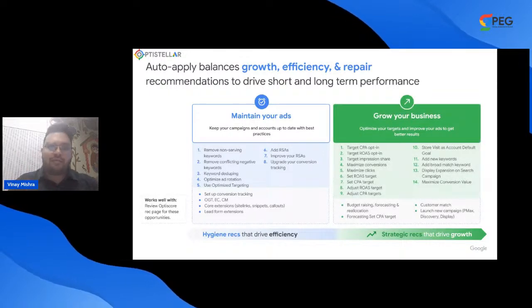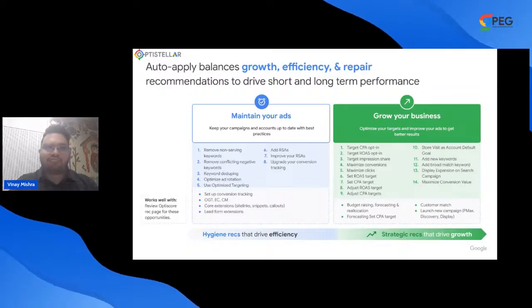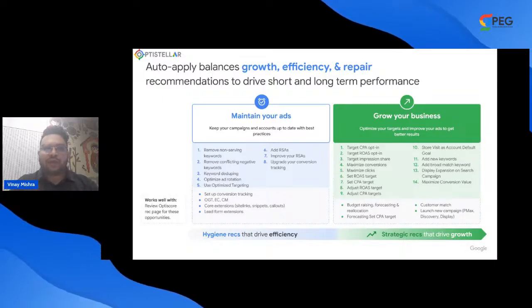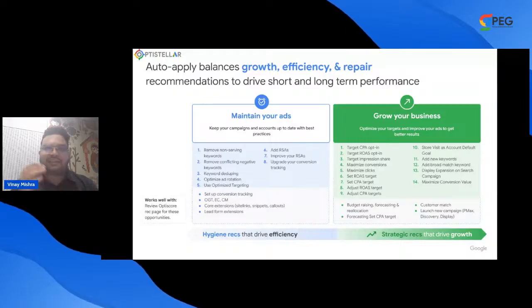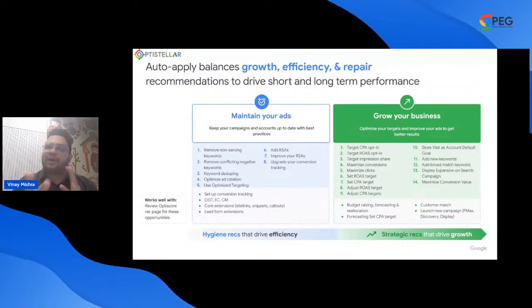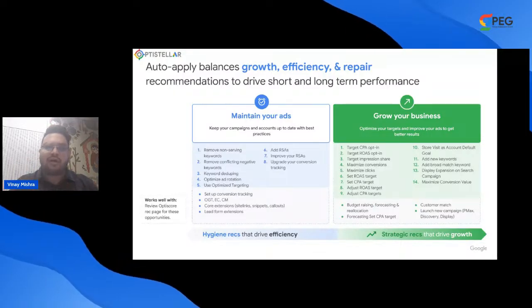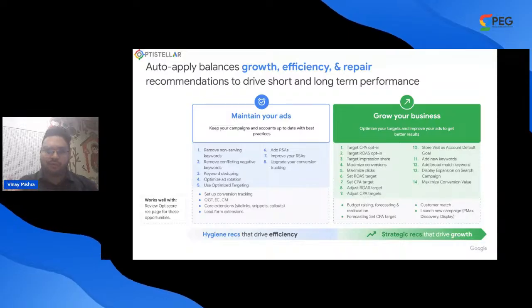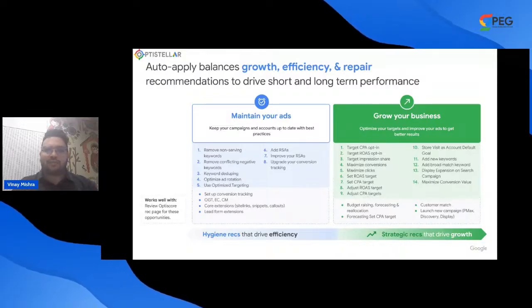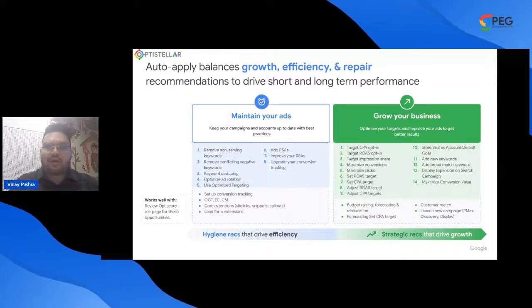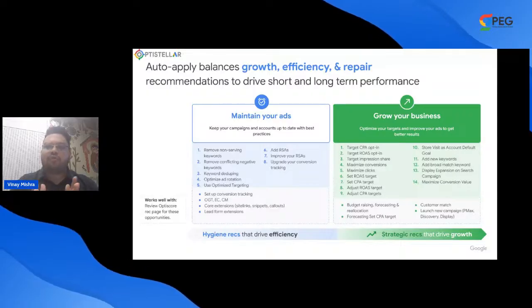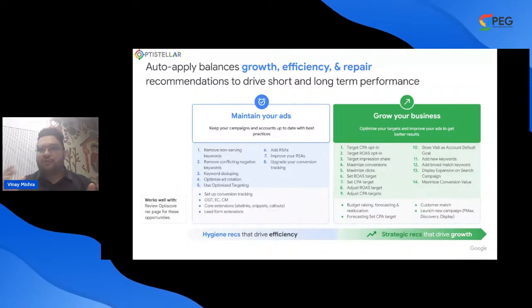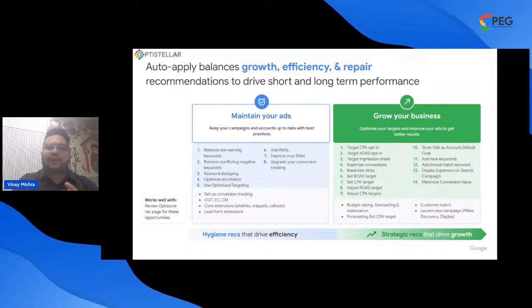Great. Now let's talk about how auto apply basically balances growth, efficiency, and repair, as I've mentioned earlier. With auto apply, we are talking about which part of auto apply you can focus on. There are two parts essentially.